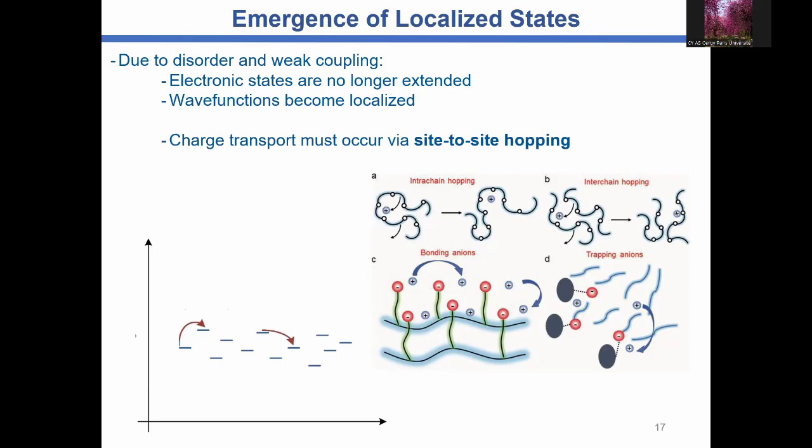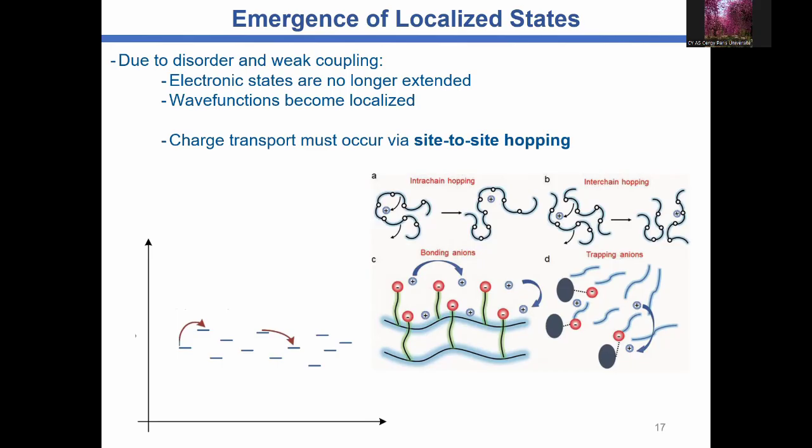This hopping can happen in polymers or also small molecules, intrachain or intramolecular hopping, or interchain hopping if they have a polymer structure. They can also do hopping between anions. So the self-assembled monolayer has these anions to attach to the substrate and to attach the next layer over your self-assembled monolayer.